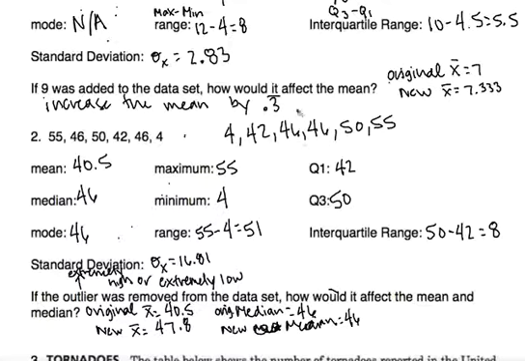Because these are both the same, the median would have been 46. If I get rid of this number and I go to find the number that's in the middle, I'm going to have 5 points now, and I'm going to find the one that's the third point, because that would give us 2 on either side. And so for this, it doesn't change because these 2 numbers were the same.